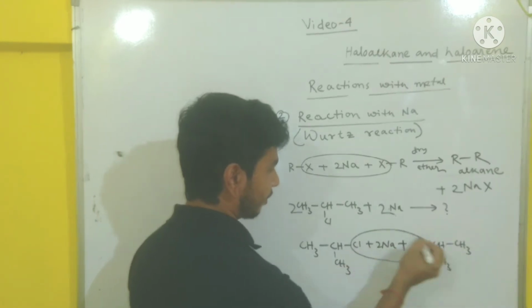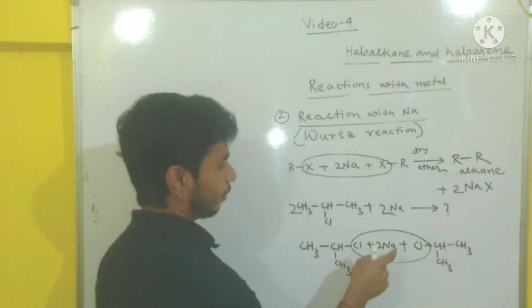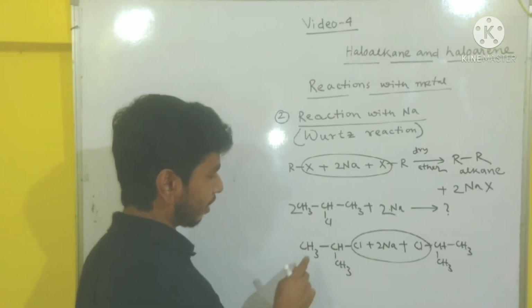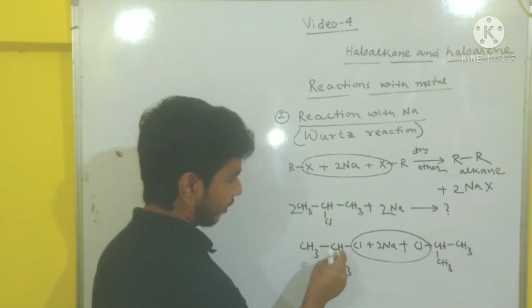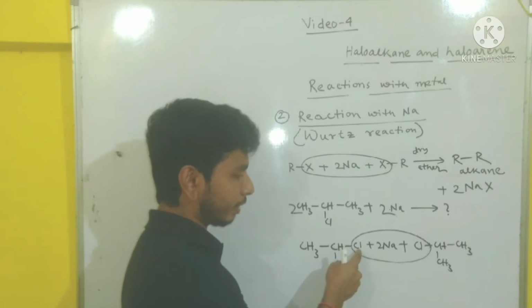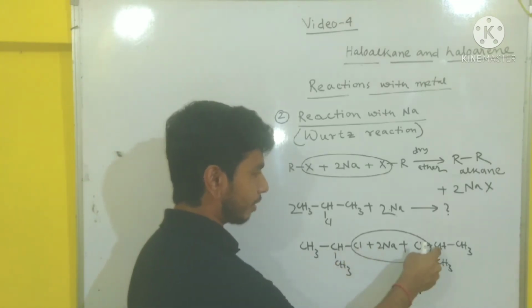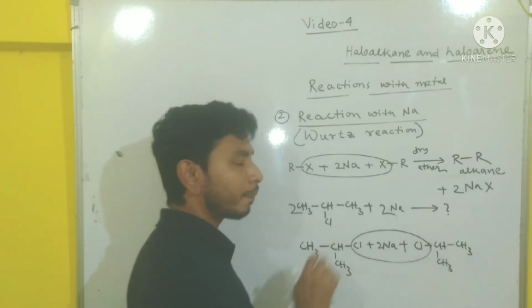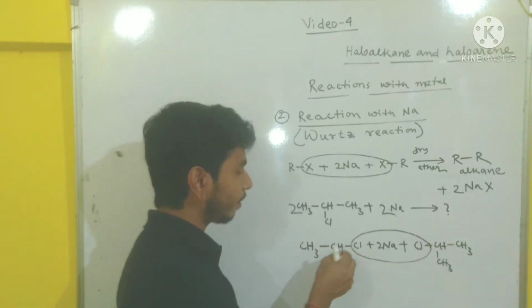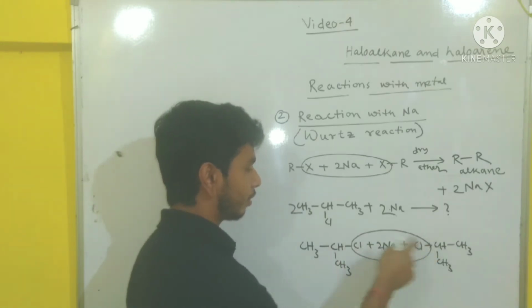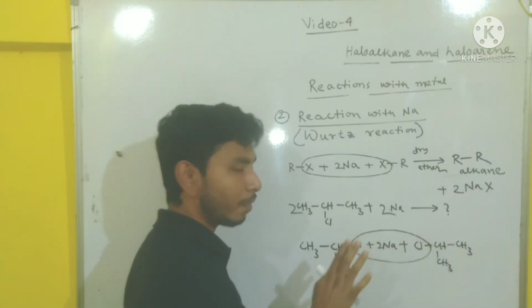Now this part is removed. Cl, twice NaCl. So twice NaCl is removed. So now what will be the product? This CH is bonded with Cl, so Cl is removed. So here this CH part and this CH part will now get bonded with each other. So these two CH groups are now bonded with each other.